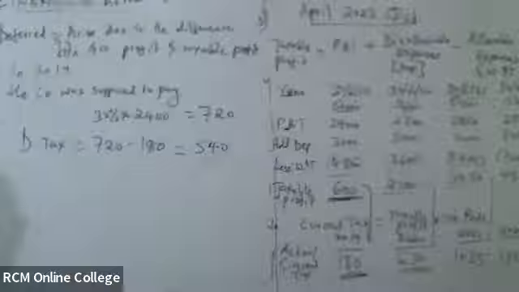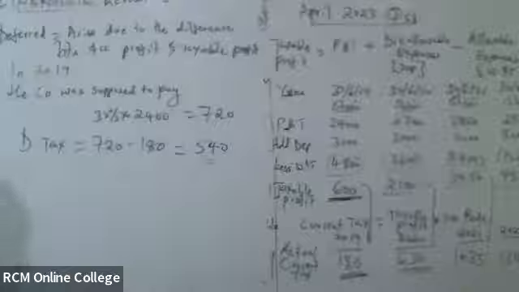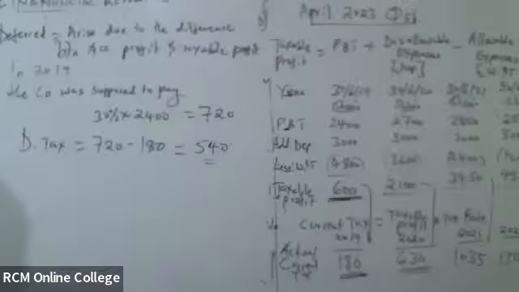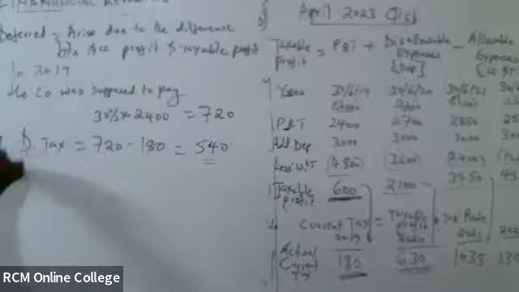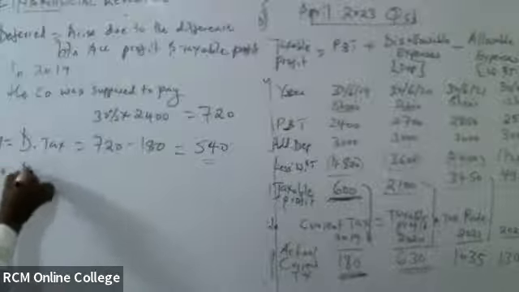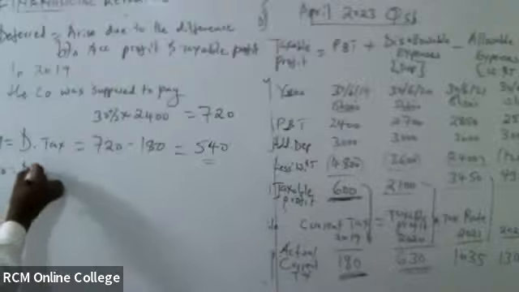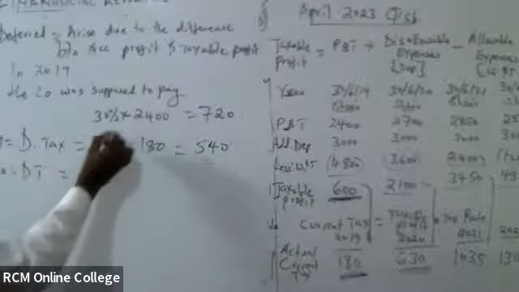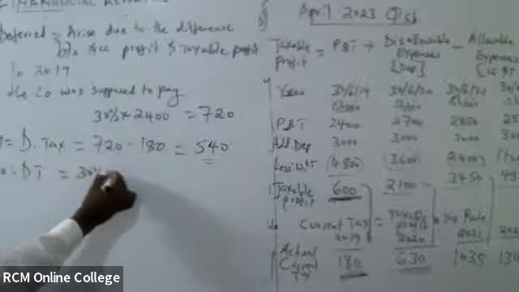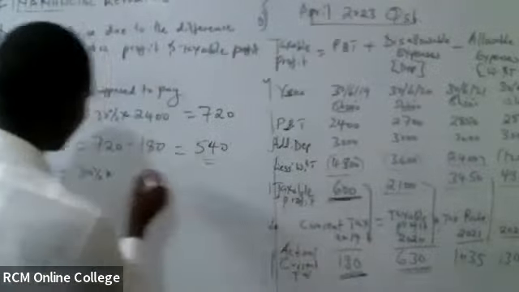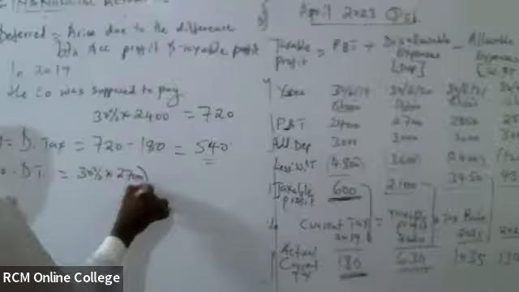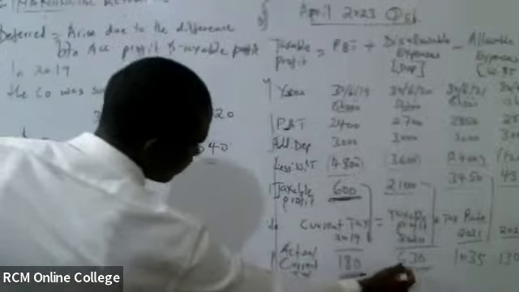What about in year 2020? Deferred tax will be how much? Deferred tax, that is what we are looking for. Deferred tax 2020 will be 30% of the profit before tax, which was 2700 minus 630.